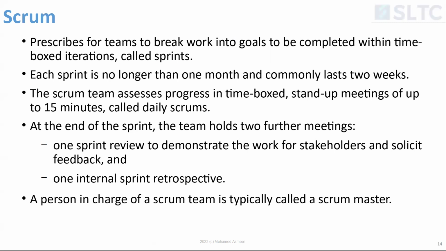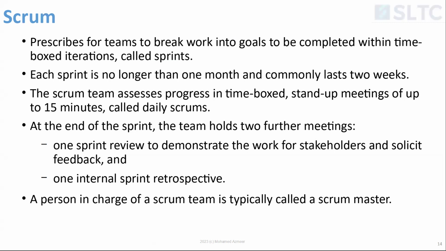Each sprint is no longer than 1 month and commonly lasts 2 weeks. Again, like I said, it can depend on your project and the expertise within the team. The Scrum team assesses progress in time-boxed stand-up meetings of up to 15 minutes called daily Scrum. It can be morning, afternoon, evening, whatever, but it must happen every day at the same time.